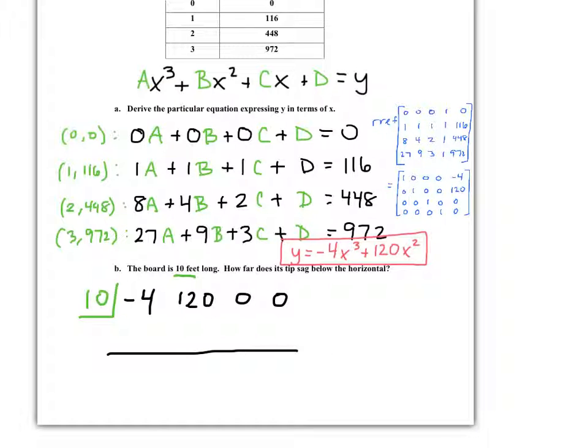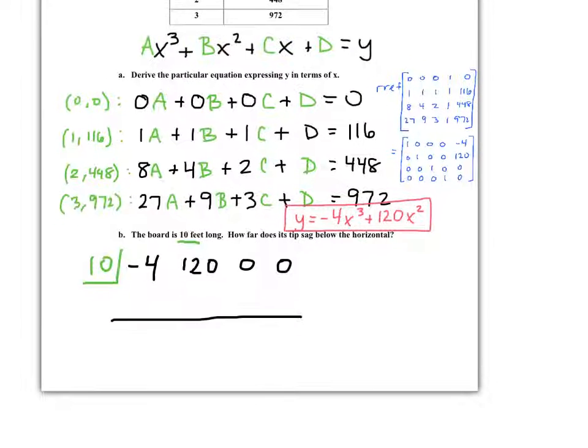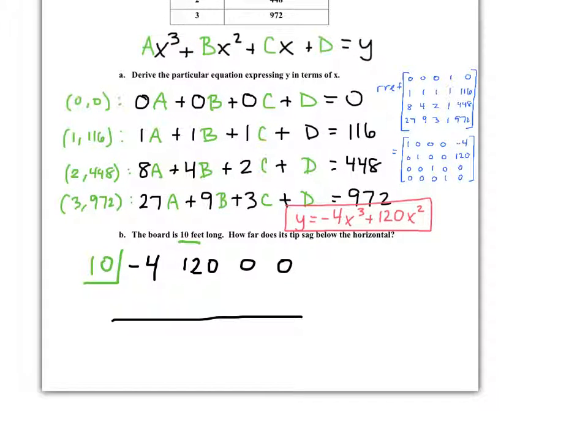What's our answer going to be when we're doing synthetic substitution? Where is our answer going to be located? Let's see what we get. We bring that -4 on down, multiply, we get -40. Adding, we've got 80. 80 times 10 is 800. Adding, we still have 800. 800 times 10 is 8,000.